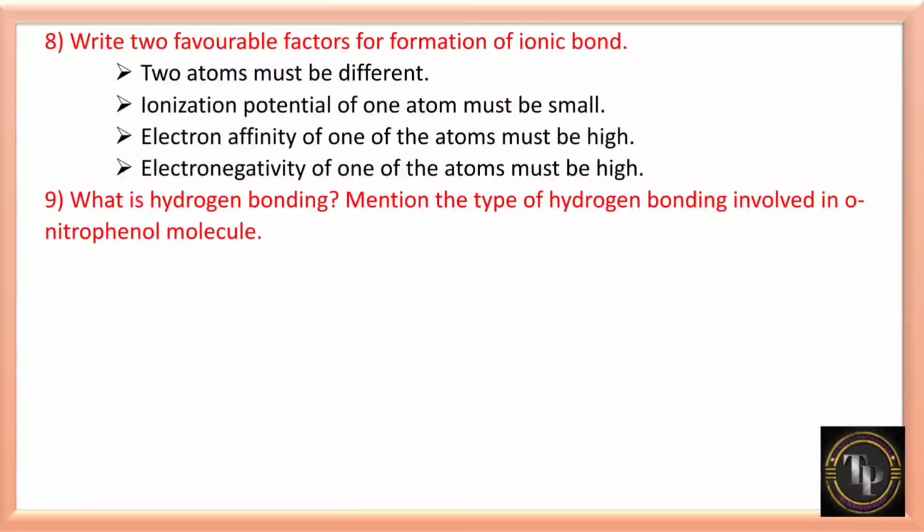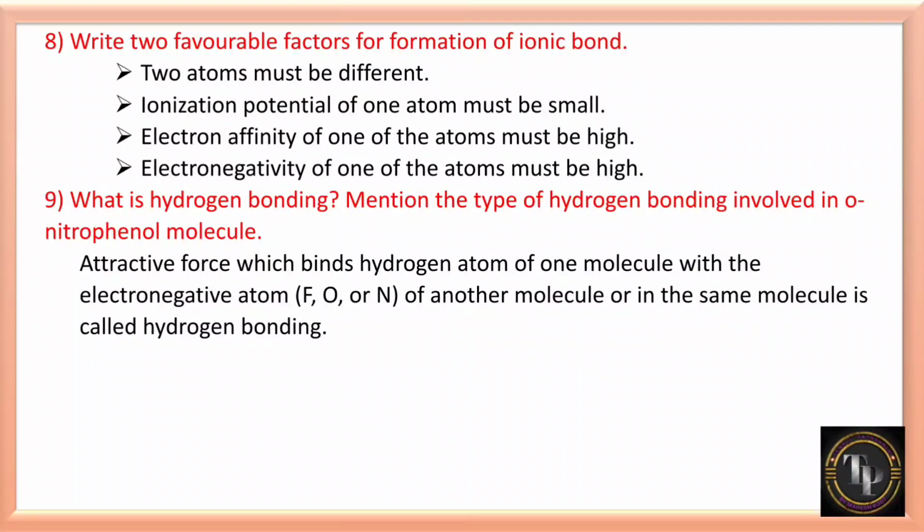What is hydrogen bonding? Mention the type of hydrogen bonding in orthonitrophenol. Just now we already discussed this one. The attractive force which binds the hydrogen atom of one molecule with the electronegative atom fluorine, oxygen or nitrogen of another molecule or in the same molecule is called hydrogen bonding.